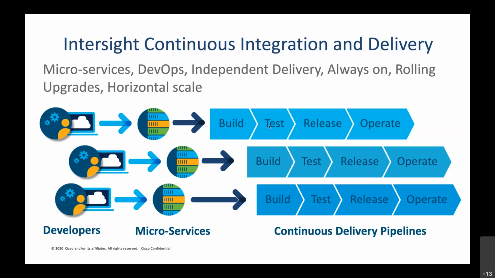Now Cisco HyperFlex is also changing and new features are getting added, all integrated with Intersight. Something we recently announced is called HyperFlex Application Platform, which allows customers to run Kubernetes or run containers on bare metal. So if you have a customer that wants to run containers, they don't have to spend extra money on a virtualization layer on top of their HyperFlex.